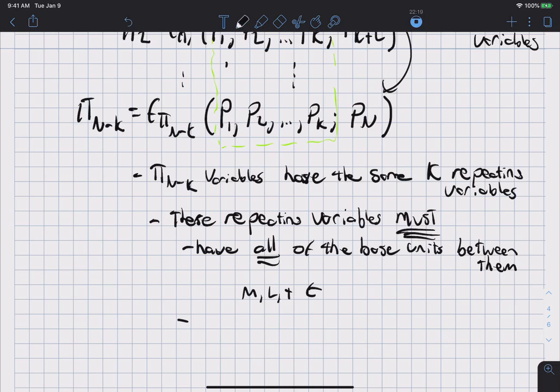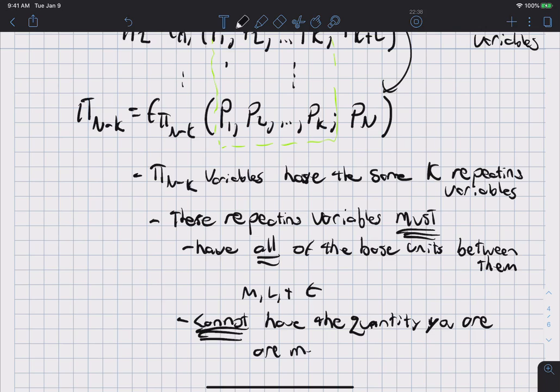Okay, and a very hard rule that you cannot break is they cannot have the quantity you are measuring. And that is the drag force in this case.